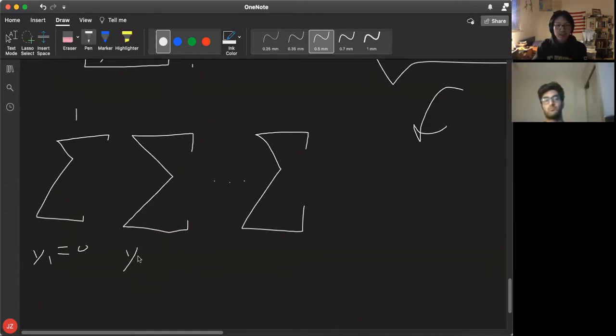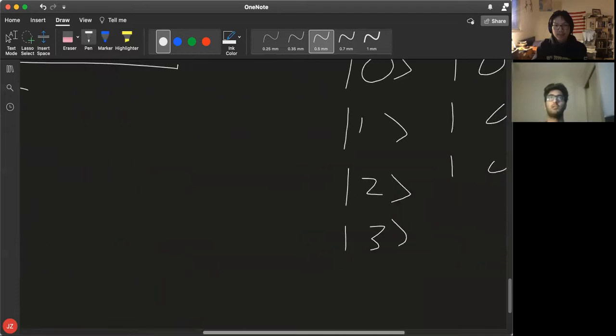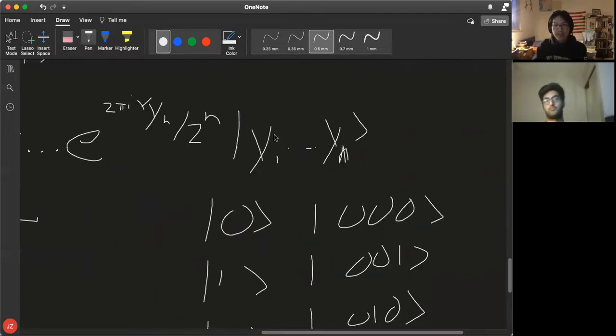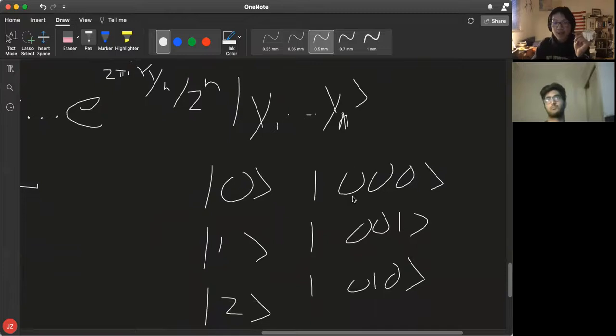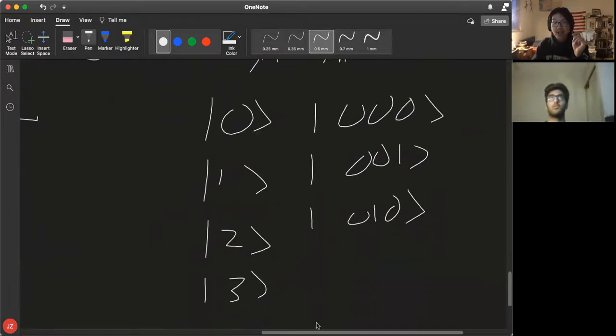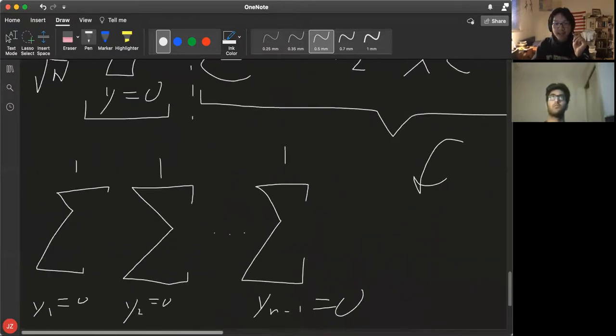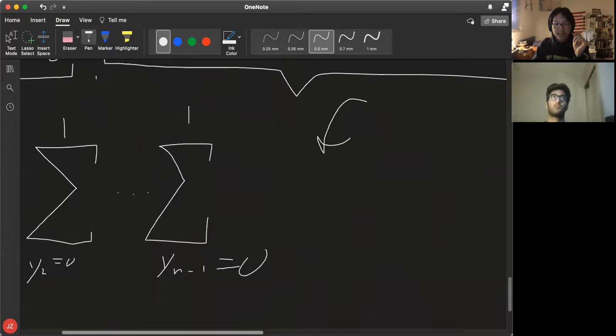And then y sub 2 can be equal to 0, or it can be equal to 1. And then y sub n minus 1, the term before the last term, can be equal to 0, and can also be equal to 1. So remember, we have y sub 1 all the way to y sub n here. I'm just incrementing through our basis vectors in binary. That's why I can expand these summations to look like this.